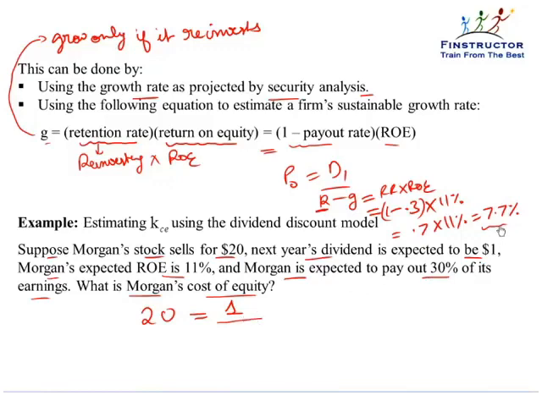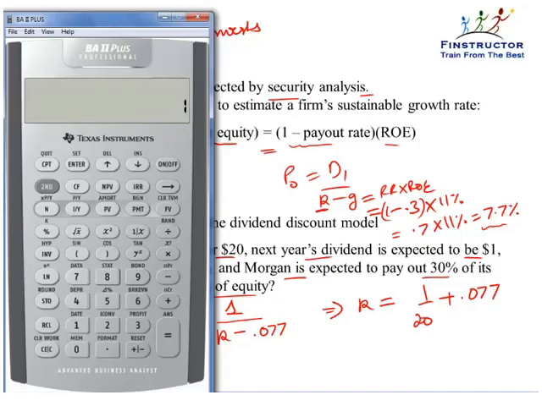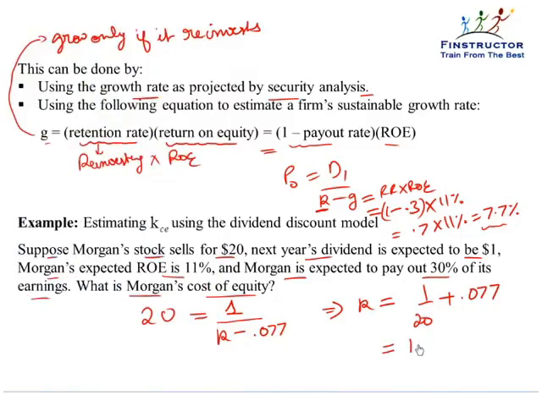The growth I know at 7.7%. Can I calculate K? Or K can be written as 1 by 20 plus 0.077. So let's use the calculator. 1 divided by 20, 0.05 plus 0.077 gives us 12.7%. Well, that is the cost of equity.